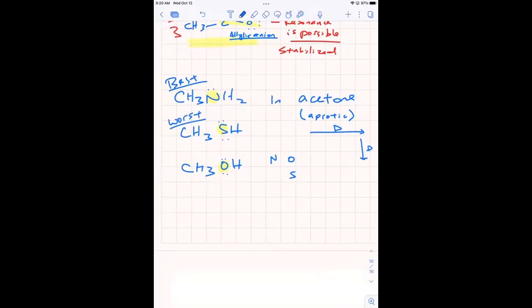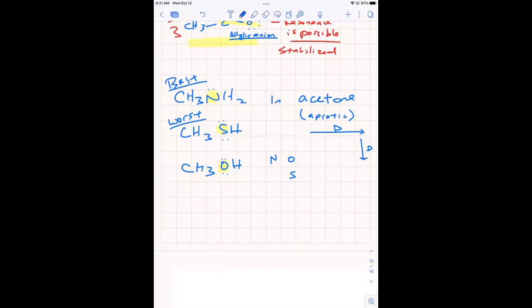So when you're in aprotic solvent, that's the trend, right? That's really based on how basic the atom is, in addition to how electronegative it is. So those two factors, the basicity, and this is a very nuanced topic, and there are a lot of different proposals as to why the trend is what it is, but it's loosely based on how electronegative the atom is, but it's also based on how basic the atom would be as the conjugate base, right?